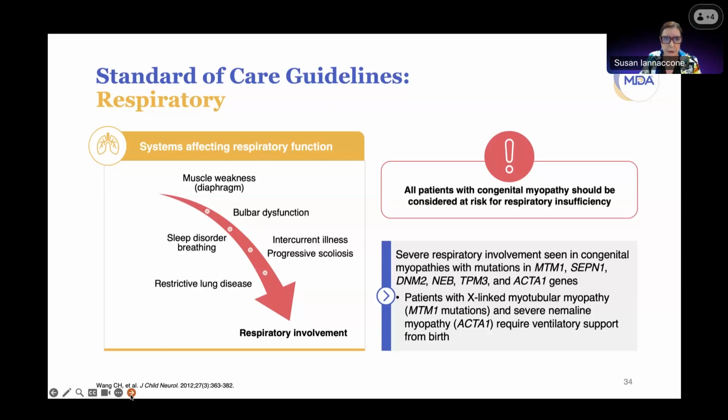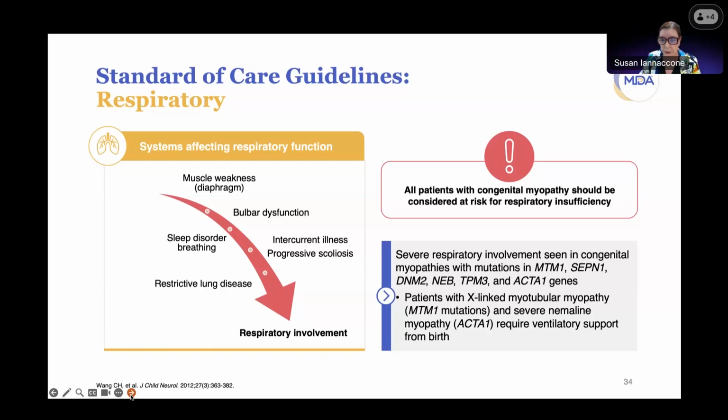In addition to that, this population of patients has a high incidence of bulbar dysfunction. So there's facial weakness and weakness of the muscles of the nasopharynx, which puts them at high risk for obstructive sleep apnea, even if their lung function is normal. Once the lung function drops to less than 65% of predicted, they are at high risk for sleep disordered breathing, meaning hypoventilation during sleep.